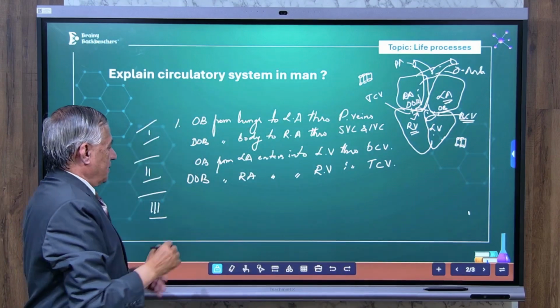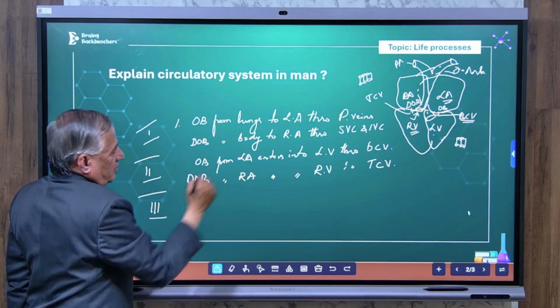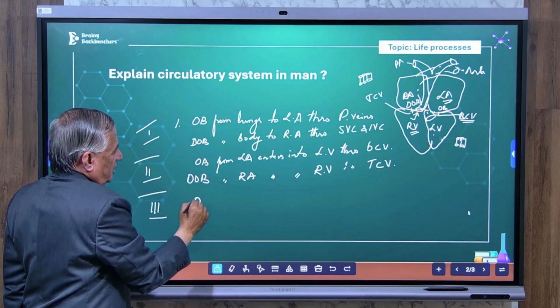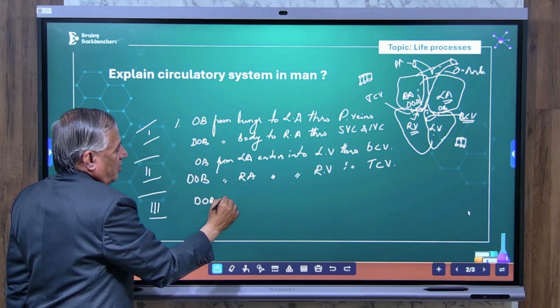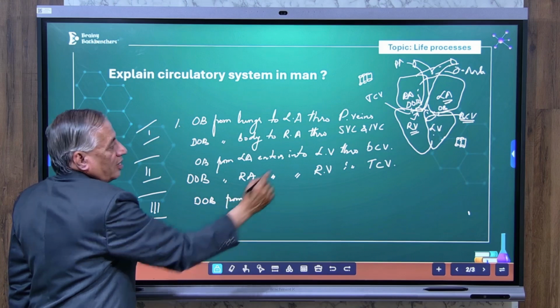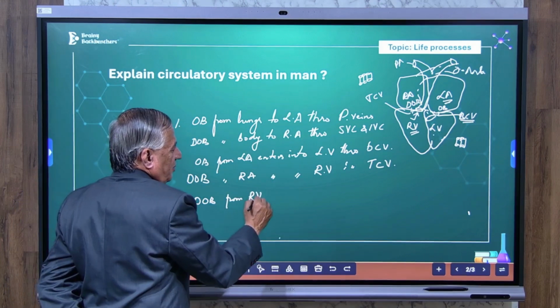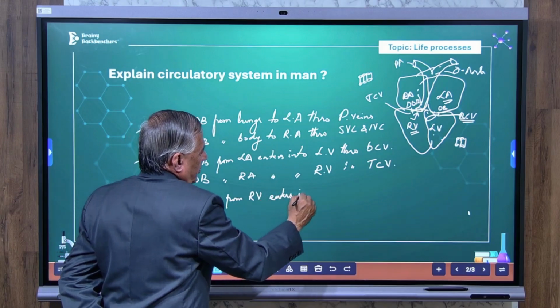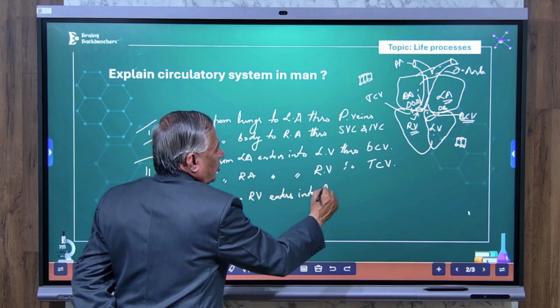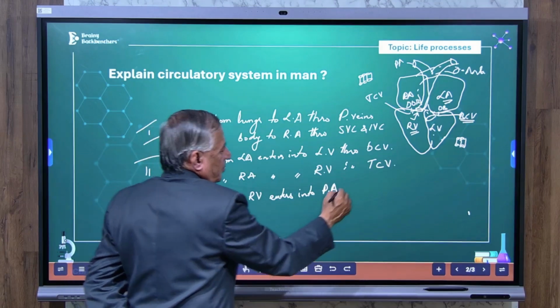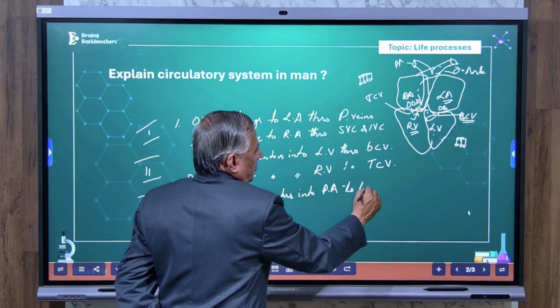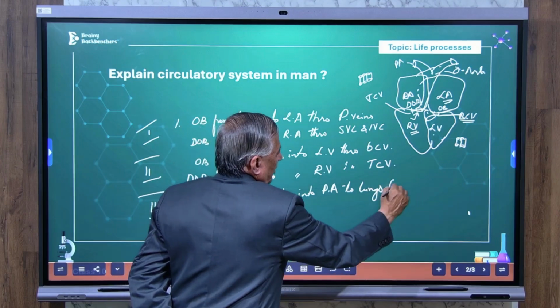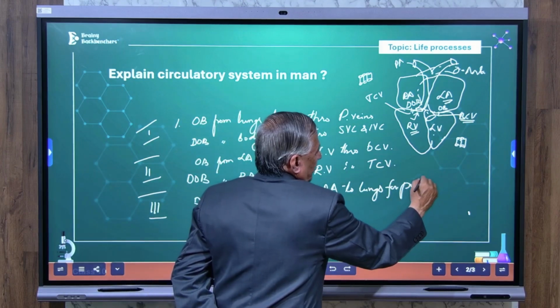Now I will write that. Deoxygenated blood from right ventricle enters into pulmonary artery to lungs for purification.